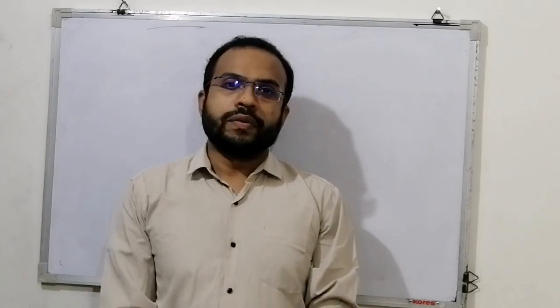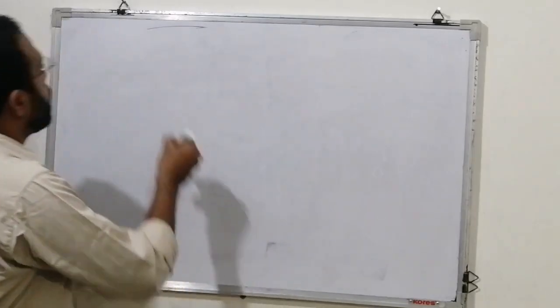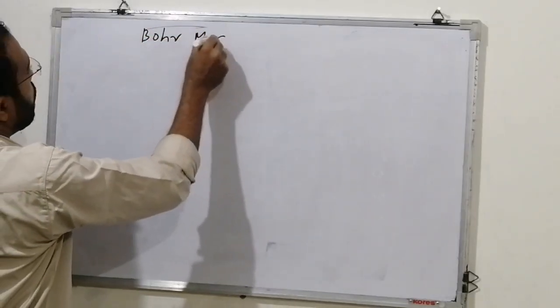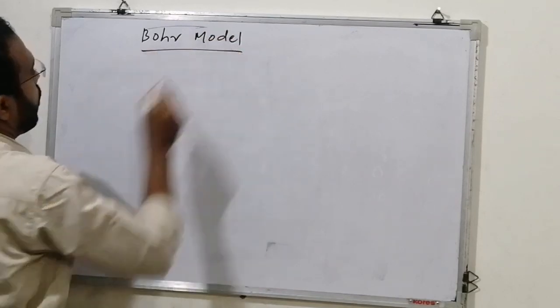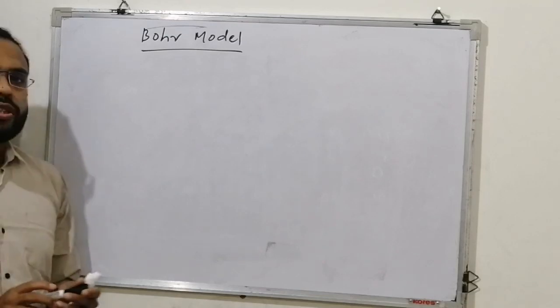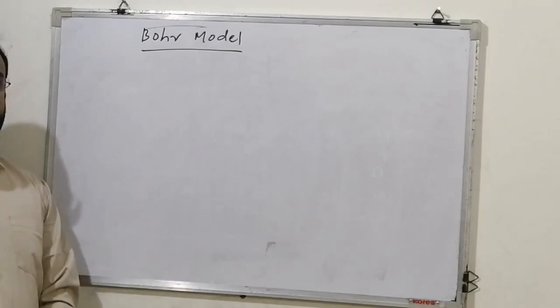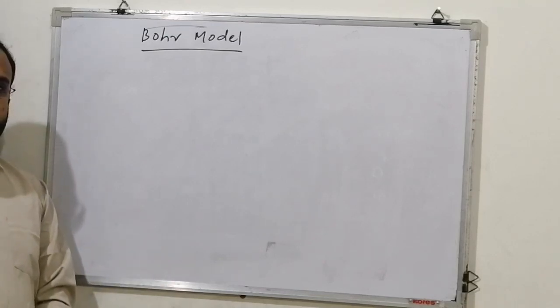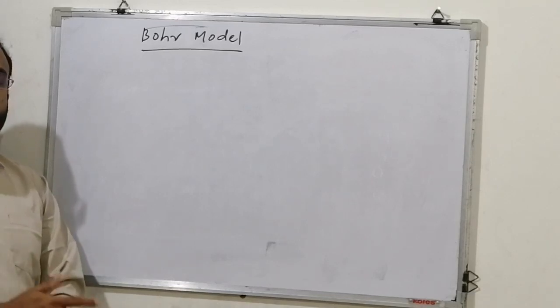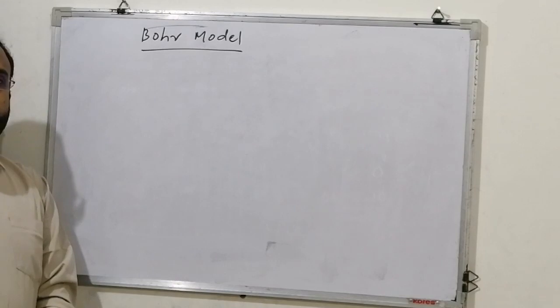Today we will discuss one of the important subtitles, that is the Bohr model of atom. We know that the structure of atom has been developed through centuries-old different discoveries.